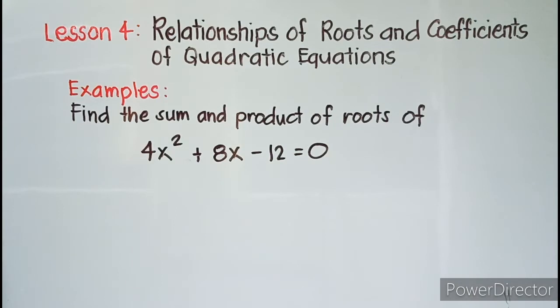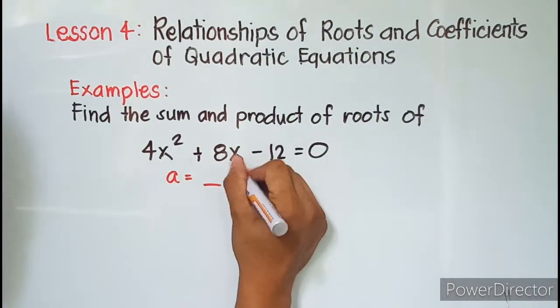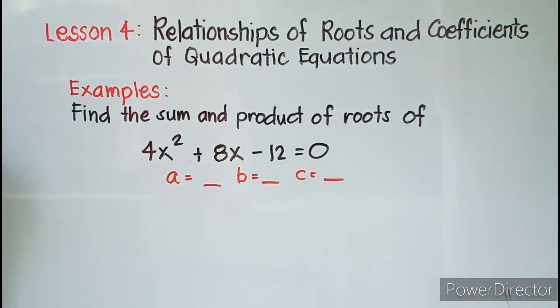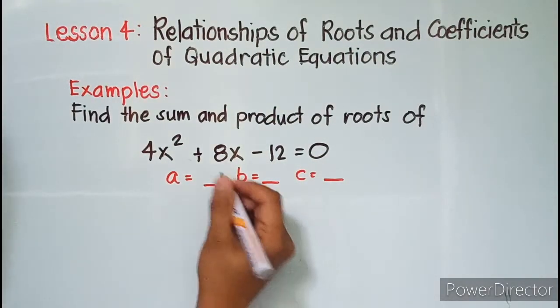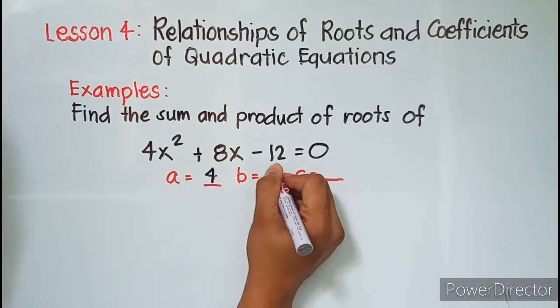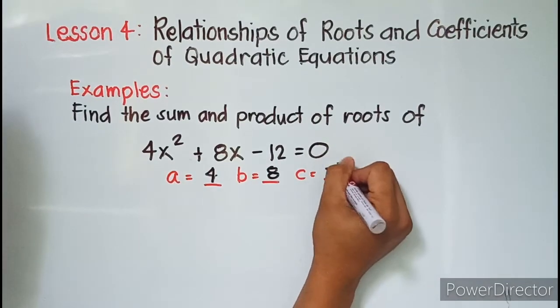Examples. Find the sum and product of roots of the equations 4x squared plus 8x minus 12 is equal to 0. So here, our coefficients a, b, and c are, so for our a, we have 4. For our b, we have positive 8. And for our c, we have negative 12.